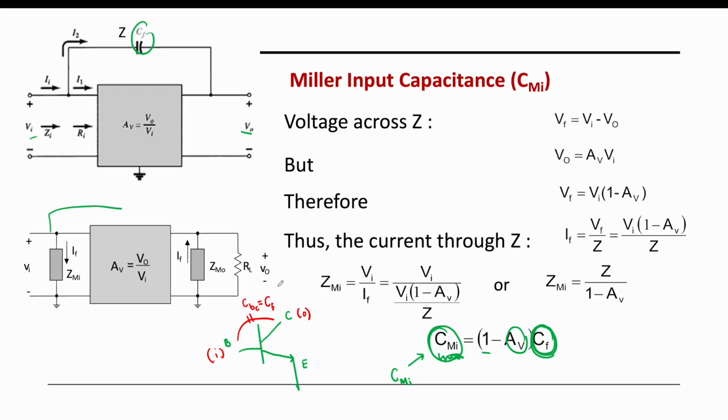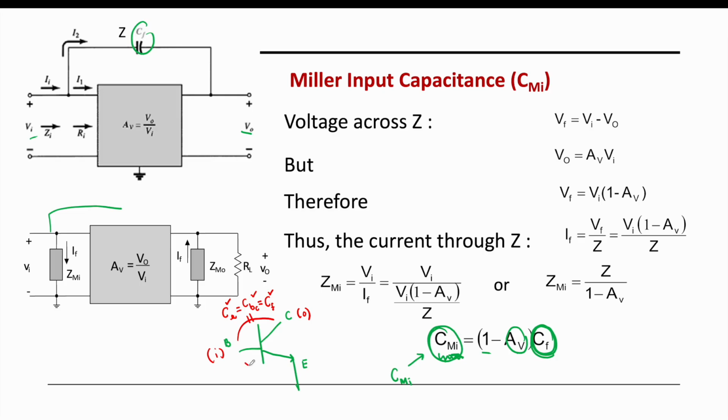In some books, this CBC is also known as C mu. So C mu, CBC, and CF are the same.